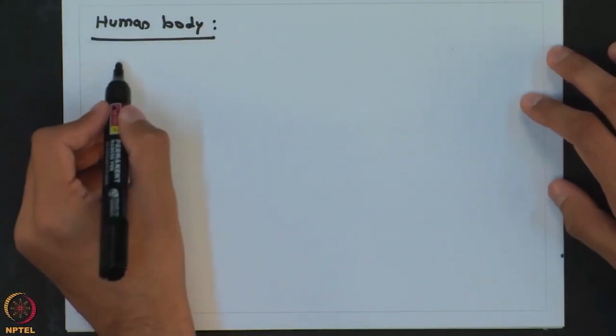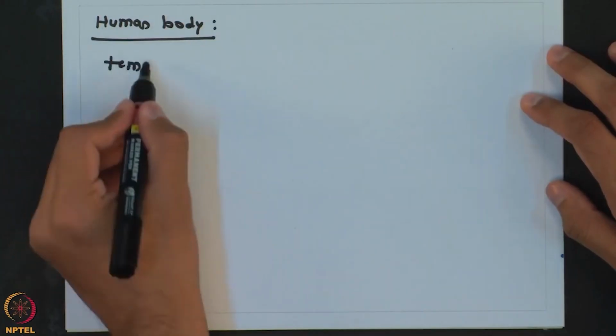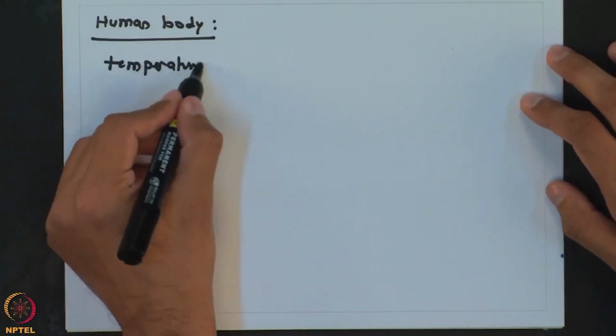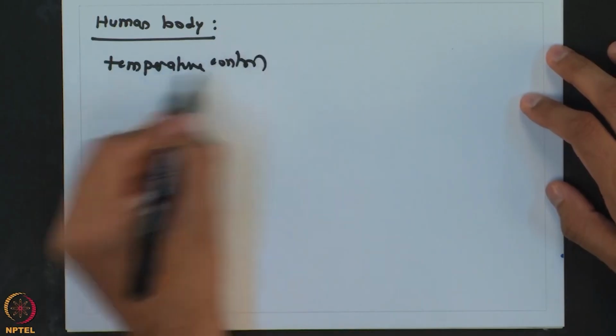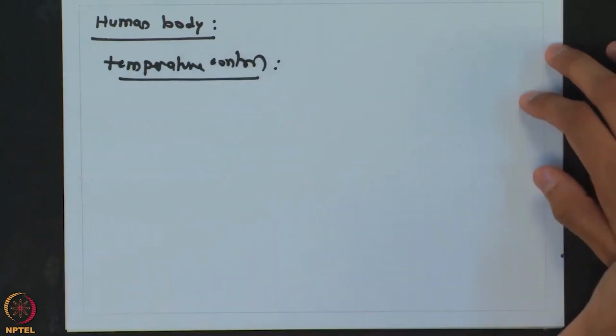So let us take temperature control. Now the human body maintains roughly 98.3 Fahrenheit or 37 degrees Celsius, irrespective of whatever external factors are affecting the human body.